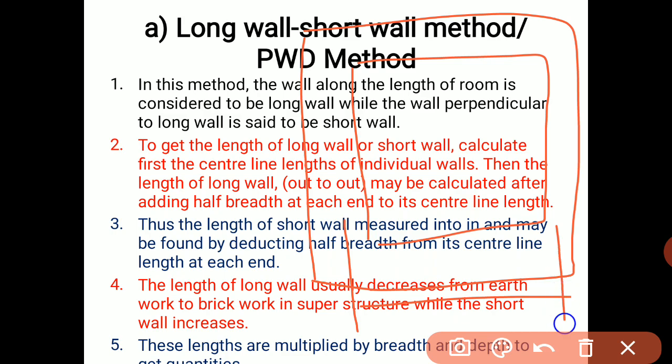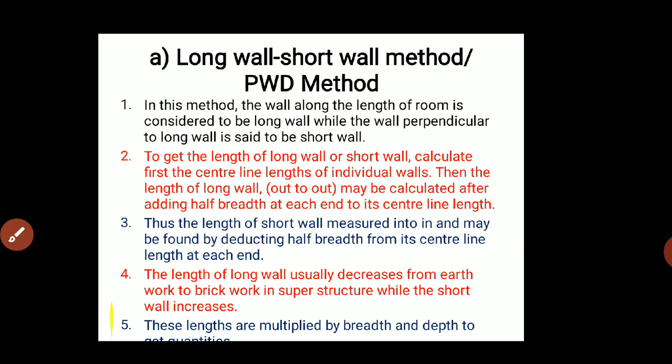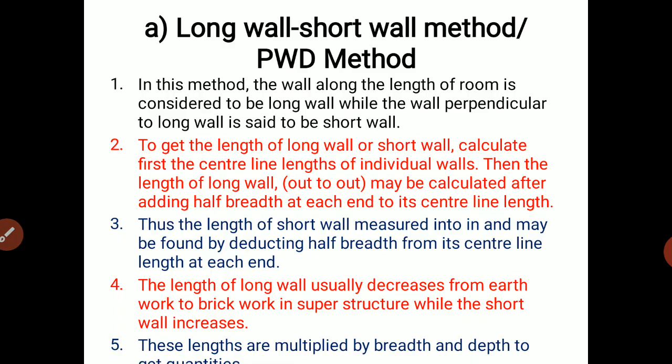Here we will first calculate both the center to center distances, lengthwise and widthwise, and the remaining part, whatever is left, we are going to add in the long wall, and subtract from the short wall. So this is the long wall short wall method, and we take this length in our calculations.